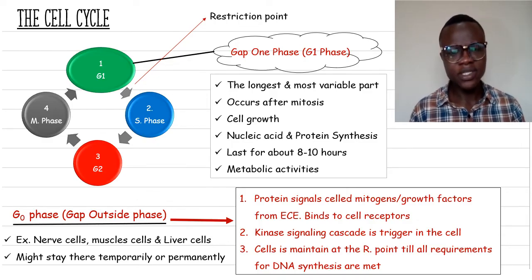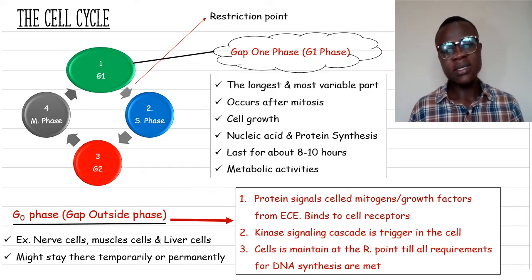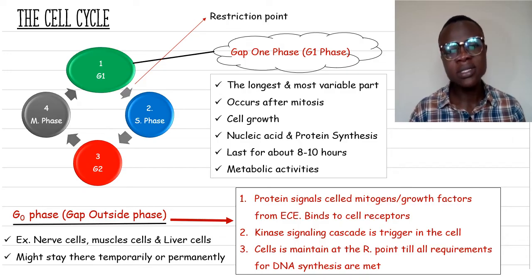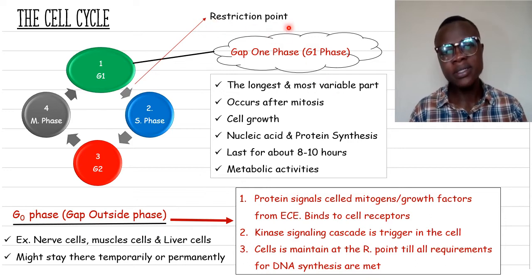Upon binding to the receptor of the cell, they stimulate the kinase signaling cascade, and this in turn will trigger the cell to immediately start carrying out the necessary processes that we saw here that will enable it to reach the restriction point, thereby entering the S phase of the cell cycle.